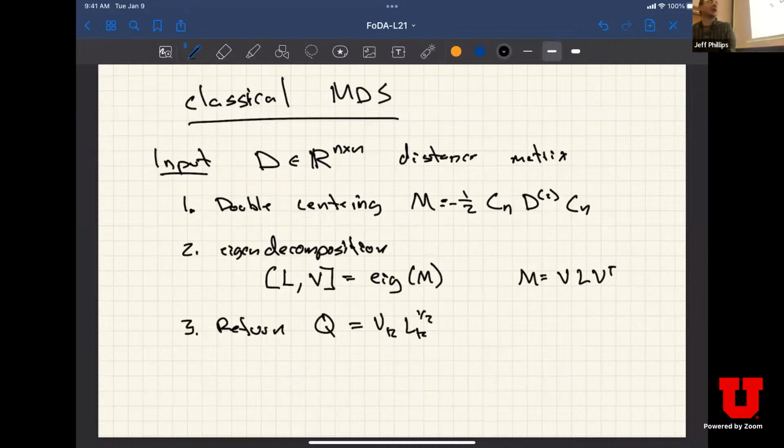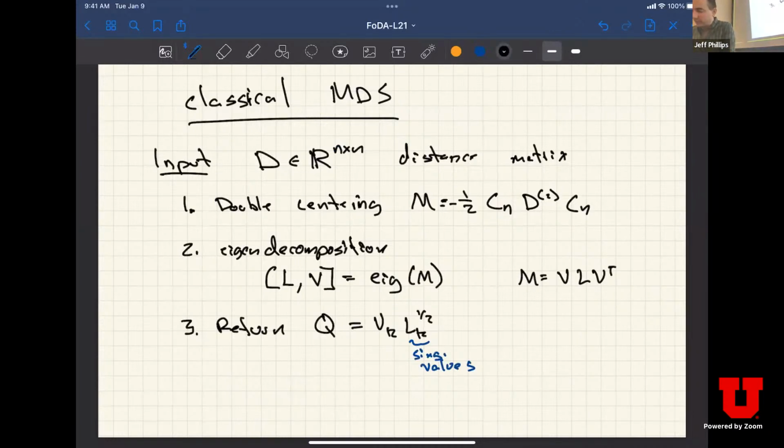So I'm projecting onto the top K components and scaling them by the singular values. Remember, the eigenvalues are kind of like the squared singular values. I didn't say the singular values of what, but I'll give some intuition on that.